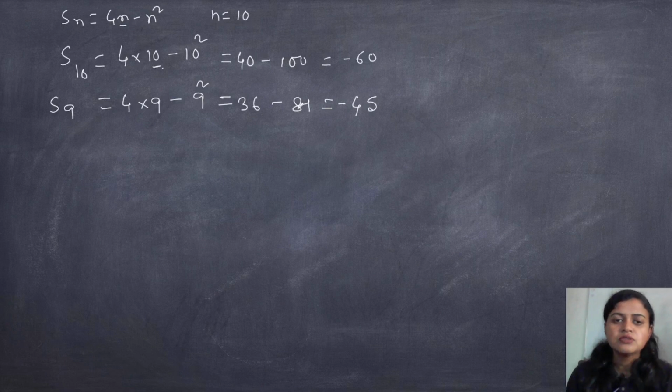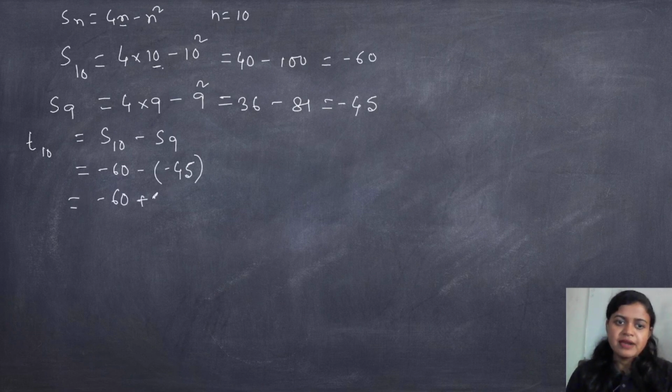Now we have to find T10. T10 means you have to find S10 minus S9. S10 is minus 60, and S9 is minus 45. So minus 60 plus 45, and this will be minus 15. So T10 is minus 15.